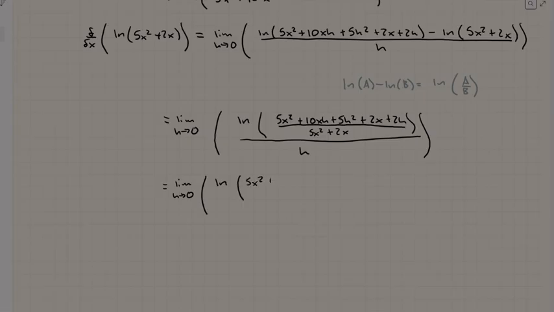We would have 5x squared plus 2x. And then the other terms, we've got 10xh if it has an h. So actually, I guess we're splitting it if it has an h or doesn't, not if it has an x or doesn't. Because if it's independent of h, we can work with it, pull it out of the limit and stuff.